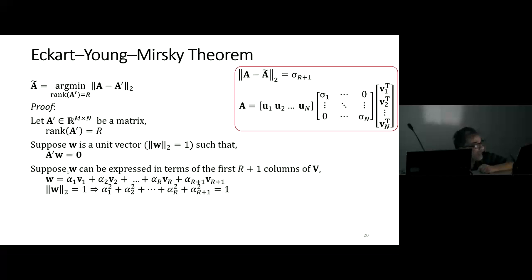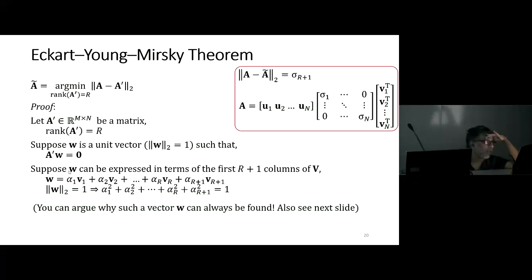Now, such a W can easily be found, such that it can be expressed in terms of the vectors V1 until VR plus 1, but A prime W will be equal to 0.